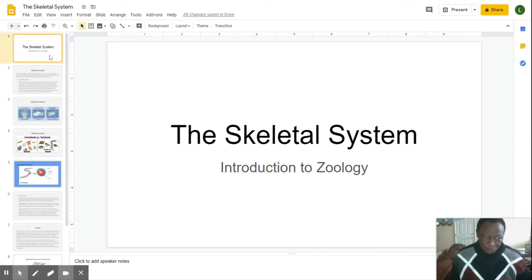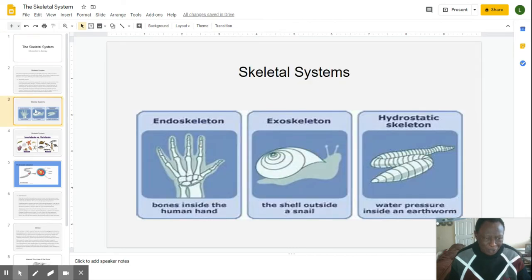For us to really appreciate the topic on the skeletal system of vertebrates and invertebrates, we have to go back and review the differences between vertebrates and invertebrates.